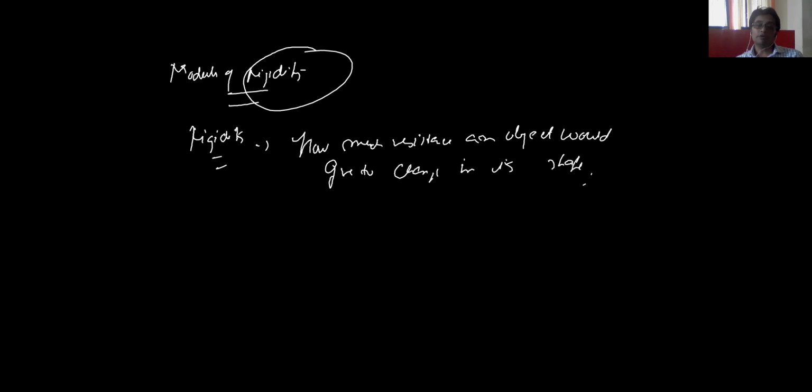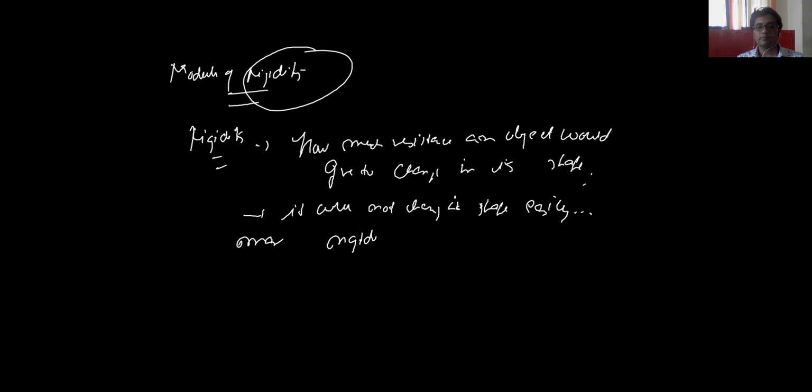Means it will not easily change its shape, and hence it is known as more rigid, right? Now, how will you find out what we mean by the modulus of rigidity?